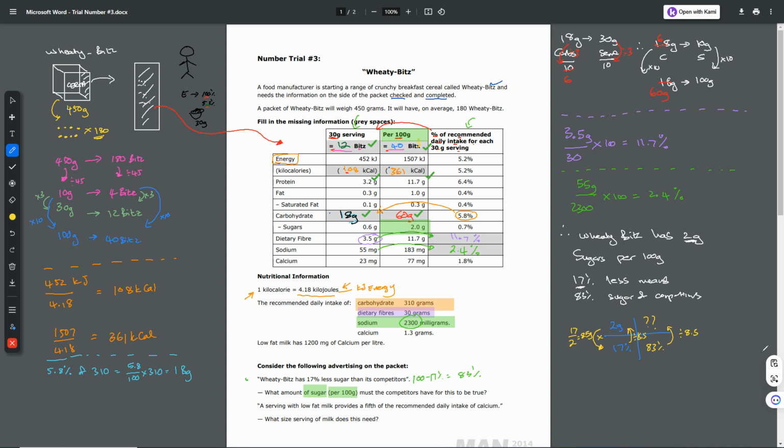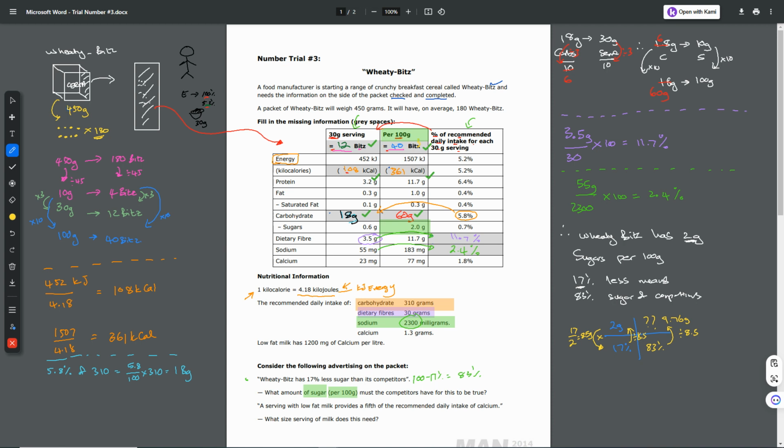So we put that on a calculator. Let's grab a calculator and we put 83 divided by 8.5 equals 9.76. 9.76, right? Okay, so that would mean that 9.76 grams is what the competitor's amount of sugar should be.